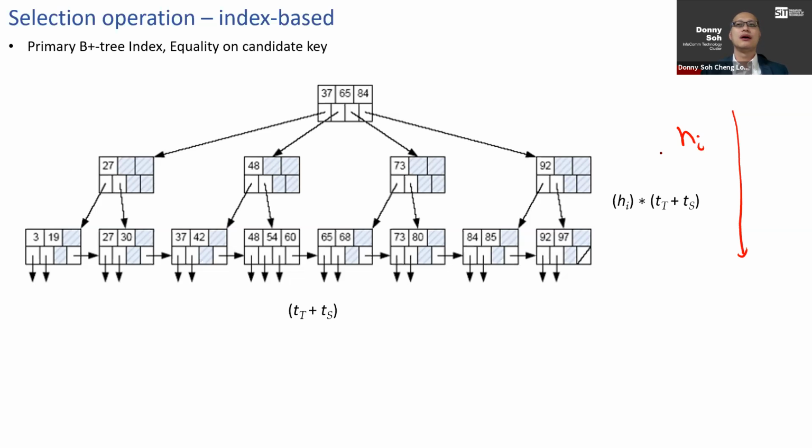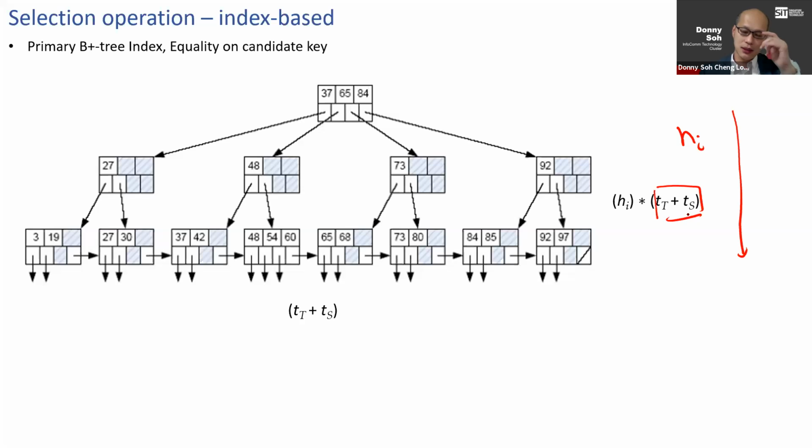For every level of the tree, it always takes the same amount of disk seek time and disk transfer time, which is why this appears only once per level.